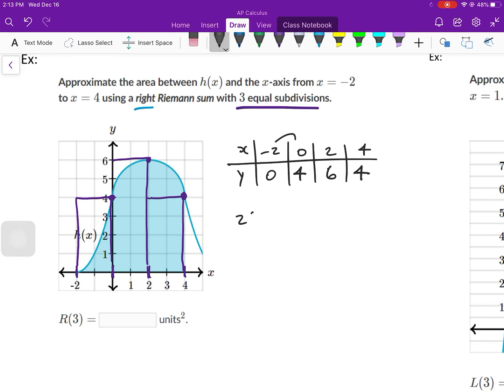So we'll have 2 times 4 plus 2 times 6 plus 2 times 4 because we're using the right 3. And that gives us 28.